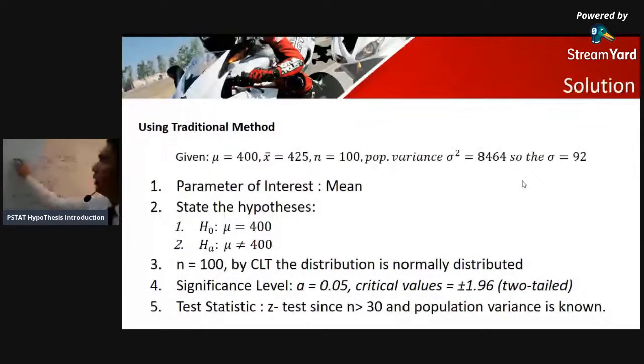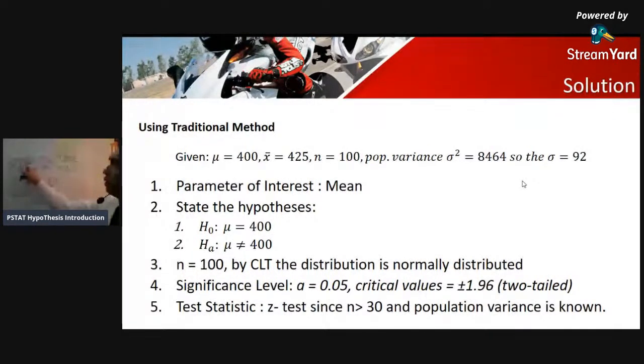The alpha is 0.05, so therefore the confidence coefficient is plus minus 1.96. We use positive and negative 1.96 because we are dealing with a two-tailed test.